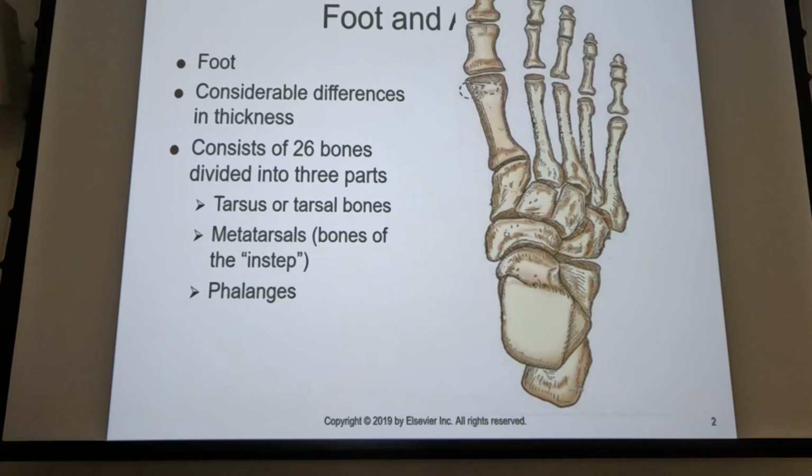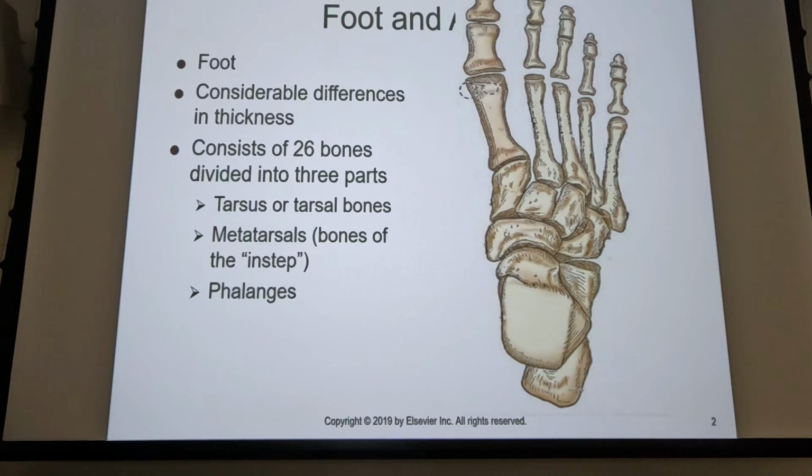So in the toe, we have considerable differences in thickness, and therefore radiographic densities. The proximal end, the bones are a little bit thicker than they are at the distal end. You've got 26 bones. Just like in the hand you had carpals and metacarpals, in the foot you have tarsals and metatarsals.